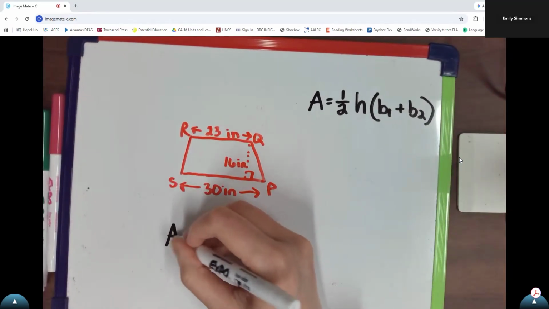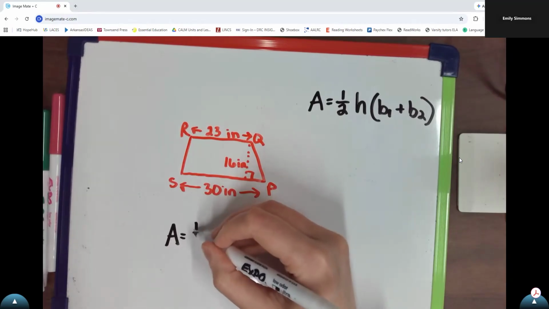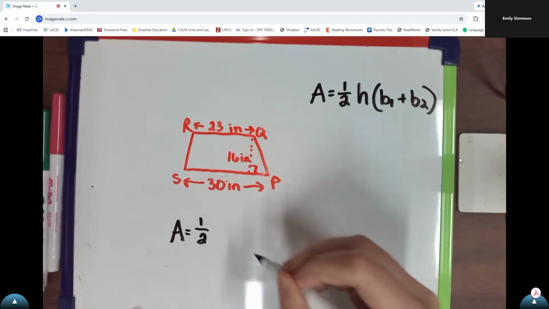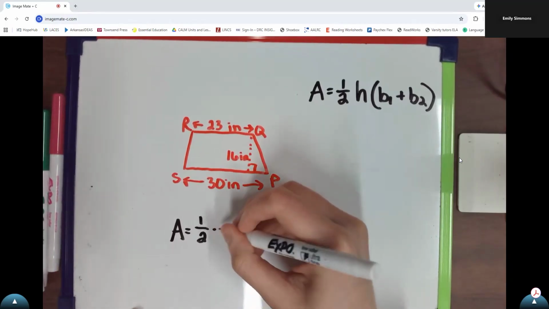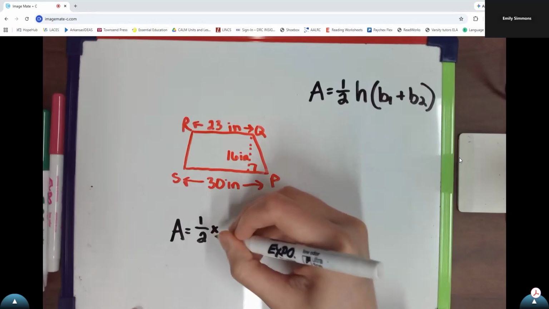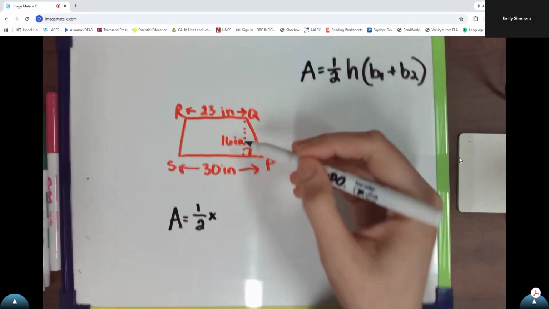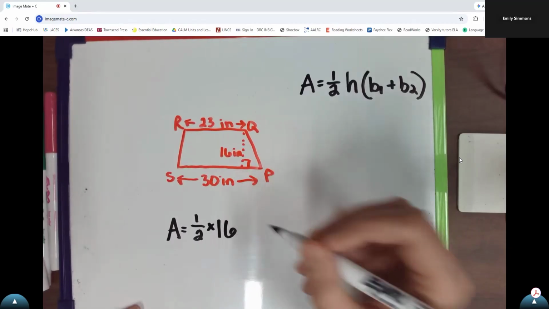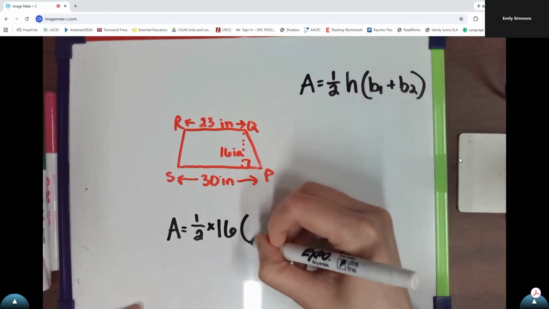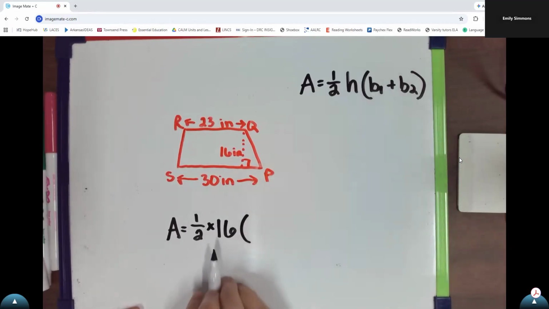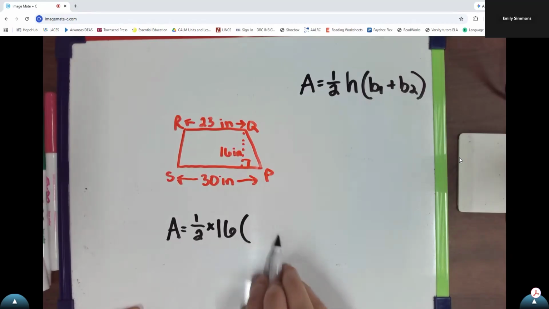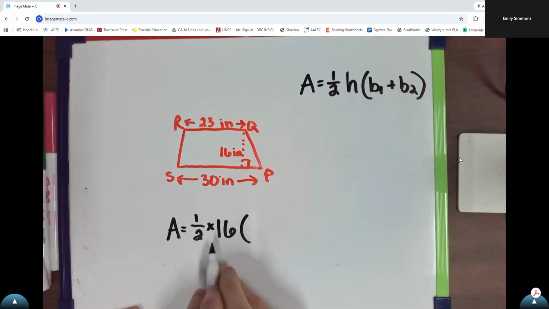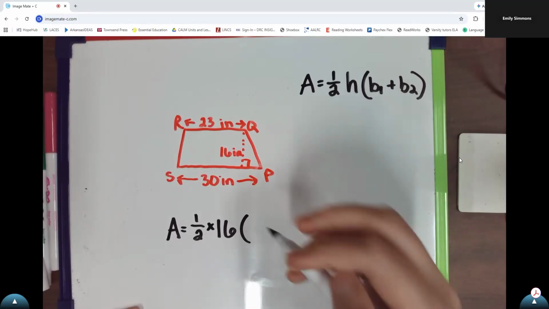So we've got A equals 1/2 times the height, and I'll use a little X here. The height was 16 inches, so 1/2 times 16. And then we'll do some parentheses. When you don't have a number or anything in between a number and parentheses, that means after you solve what's in the parentheses, you're going to multiply those two things.